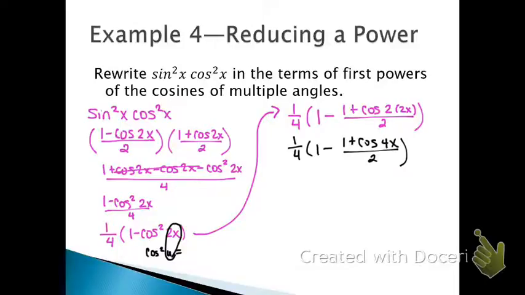Yeah. You could. I'm thinking maybe let's go ahead and combine it though. Let's get that common denominator. So remember 1 is the same as 2 over 2, correct? So I still got my 1/4 times here. And so when I got my common denominator, I really get 2, and I'm going to distribute this minus sign. So minus 1 minus cosine of 4x all over 2.